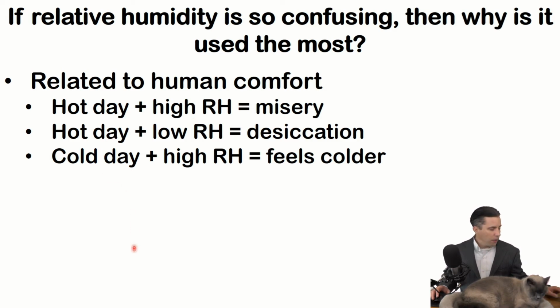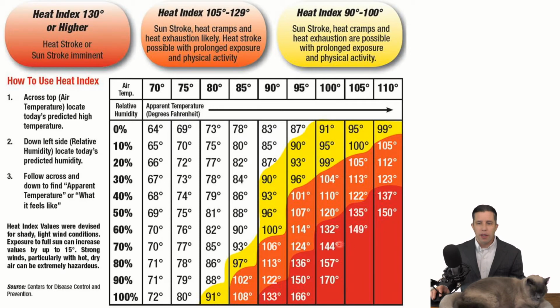In fact, there is something called the heat index, sometimes referred to as a misery index. On the y-axis here, we have relative humidity, 0% to 100%. This is the temperature from 70 to 110. And these boxes are what it feels like to you. That's the heat index. You'll notice that, for example, if you have low relative humidity, it actually will feel cooler than it really is.